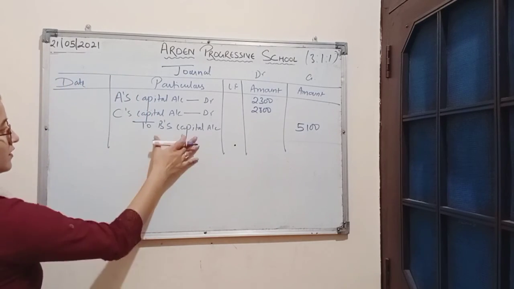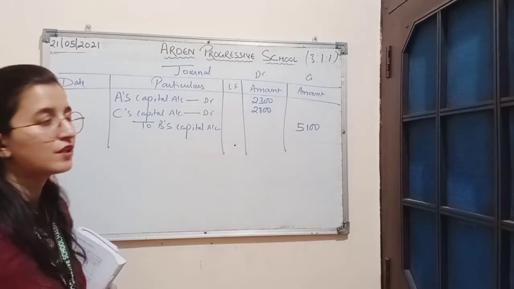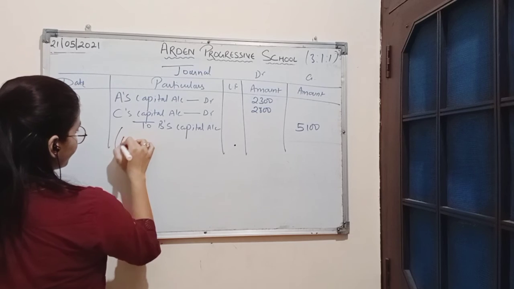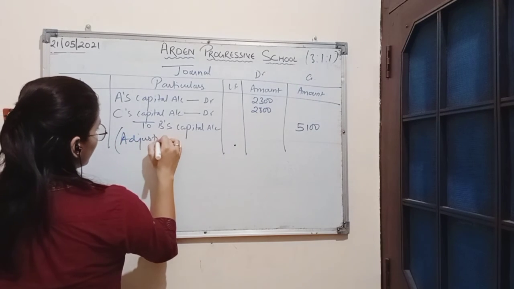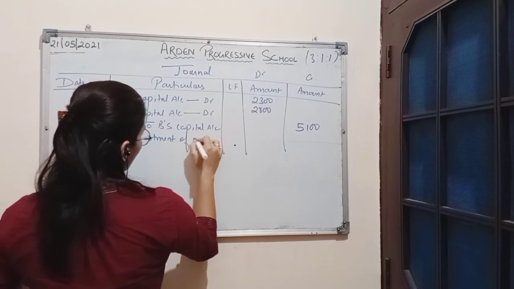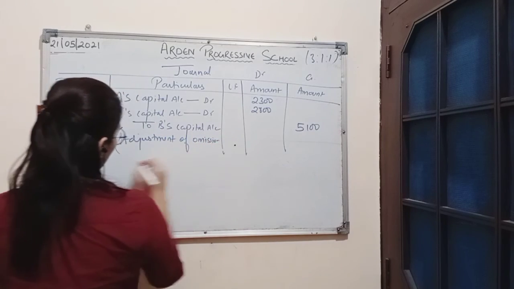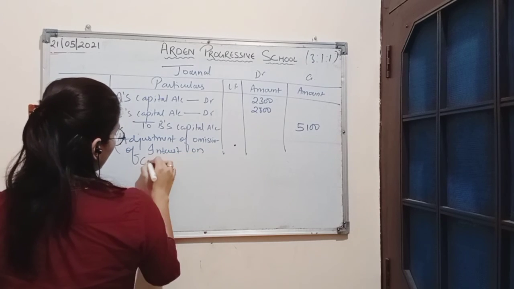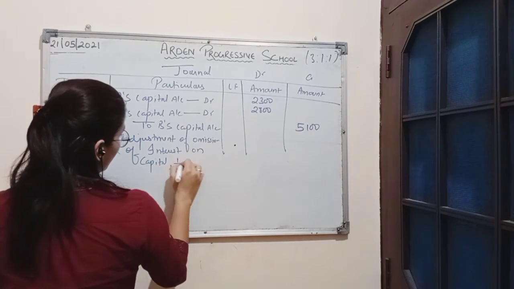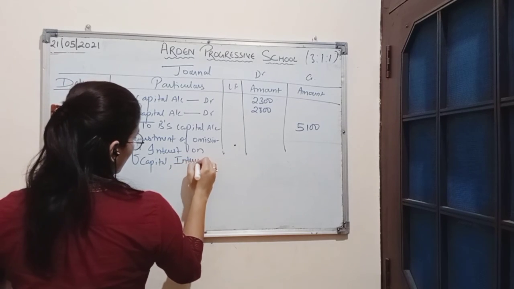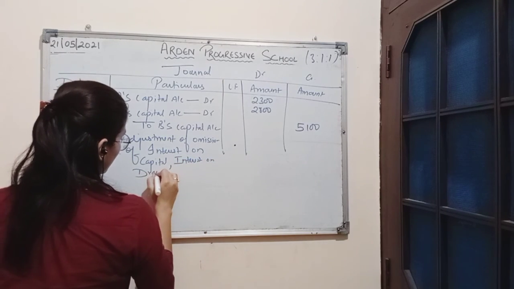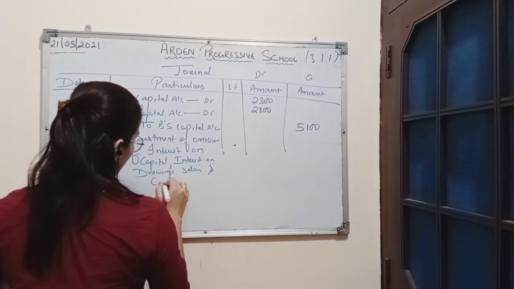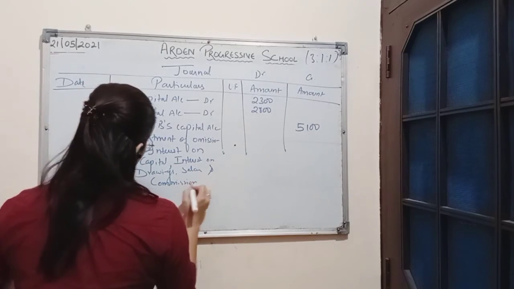So this is the single adjustment entry for the rectification of errors made by the partnership firm. Narration will be: adjustment of omission of interest on capital, interest on drawings, salary and commission.